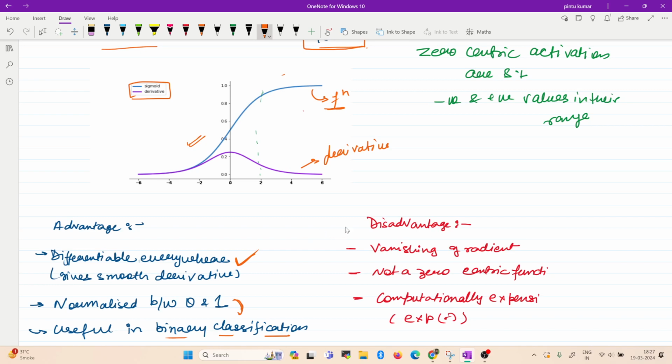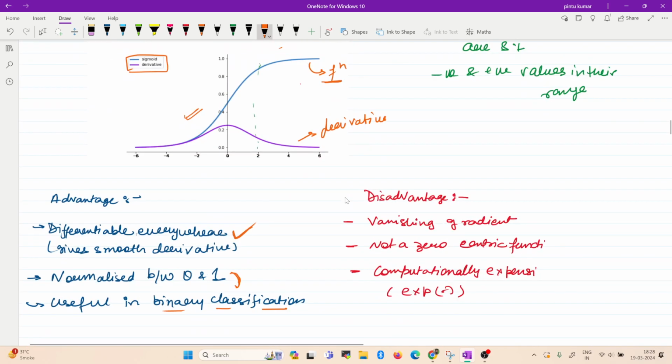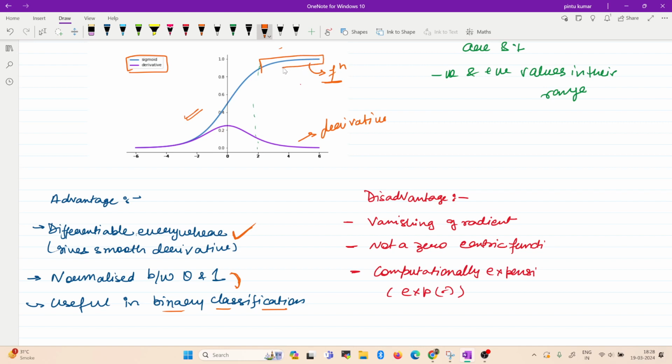So what are the disadvantages of using the sigmoid activation function? The first disadvantage, as I mentioned a few moments ago, is the saturation property: it saturates on both ends. That's why the gradient for a large region is very, very small.